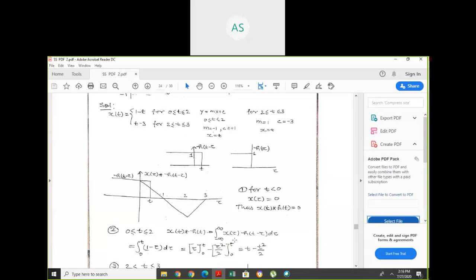Substitute the value of x of tau, which is 1 minus tau, and the value of h of t minus tau is always 1, so put the value of 1 and d tau, then integrate and substitute the limits. This is the higher limit and 0 is the lower limit, and we get the convolution of x of t and h of t equal to t minus t square by 2.